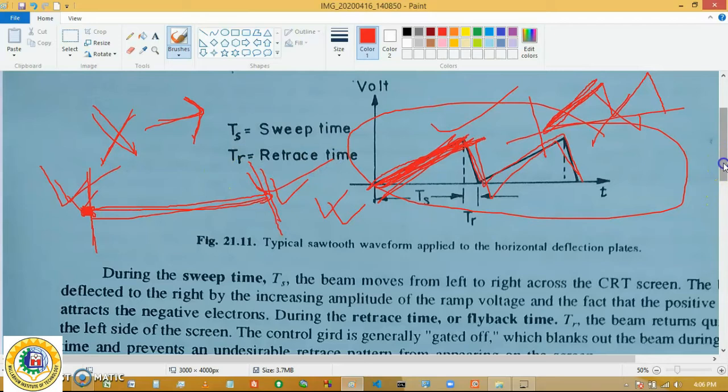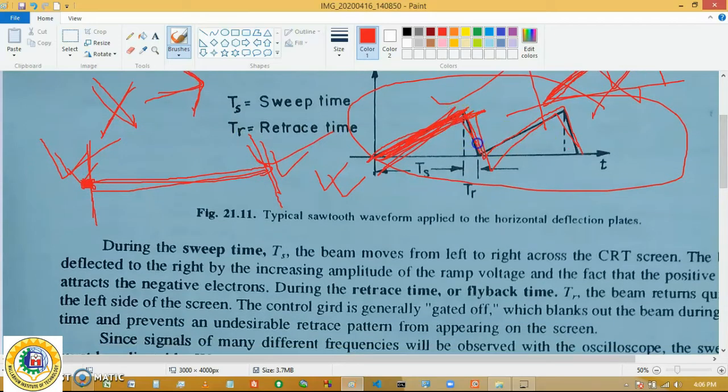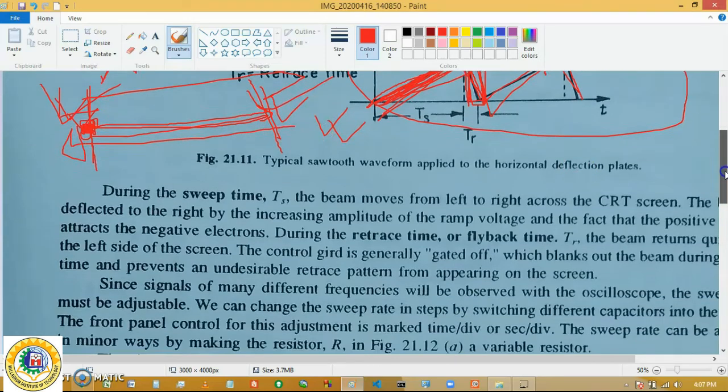And again, as you can see, the retrace time is very short. Within that retrace time, the beam moves back to the left side. During the sweep time it moves from this side to that side, and during the retrace time it moves from right to left, and again the waveform repeats again and again.